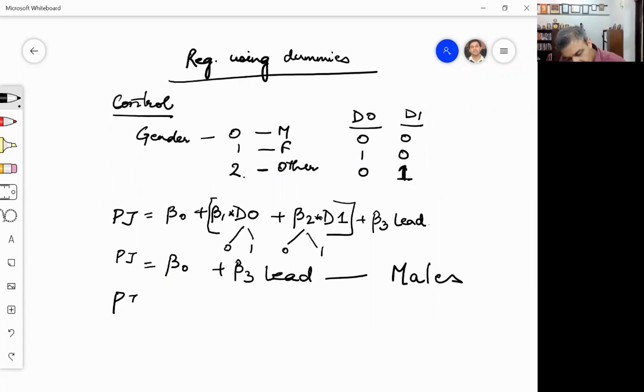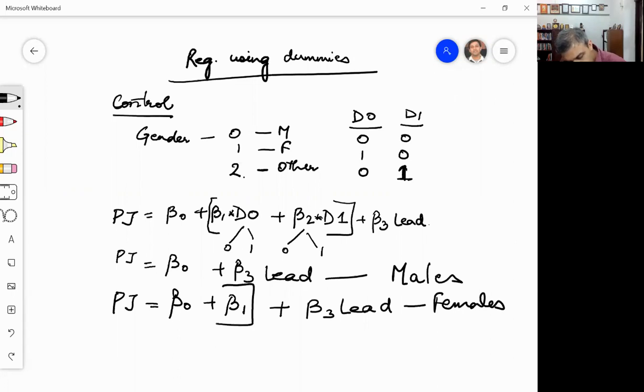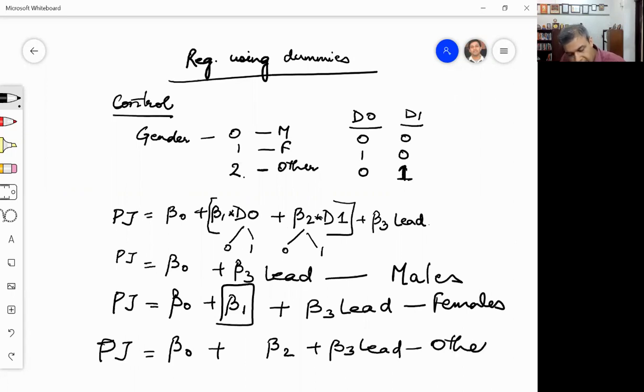Then you will get PJ equals beta naught plus beta 1 plus beta 3 lead. This is for females. So the difference between males and females is beta 1. And then PJ is equal to beta naught plus beta 2 plus beta 3 lead, right? This is for the other gender.